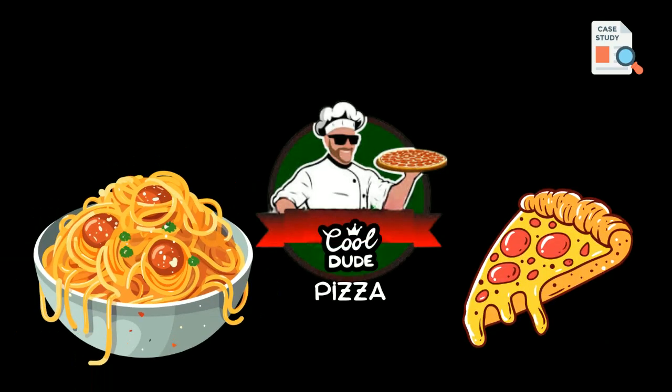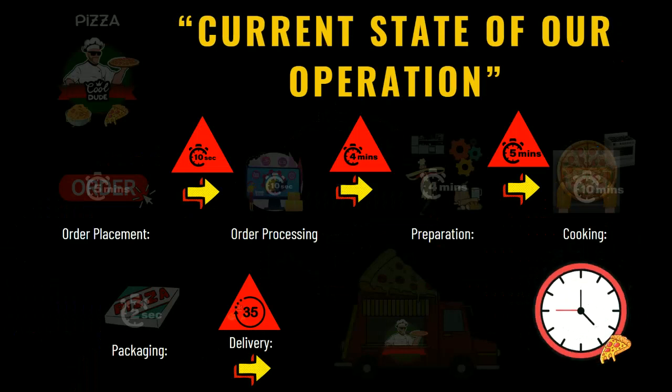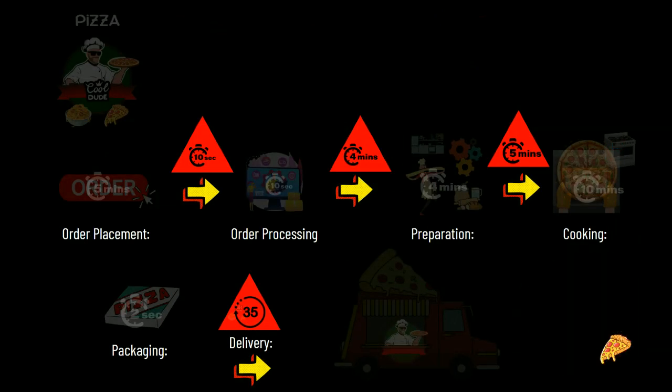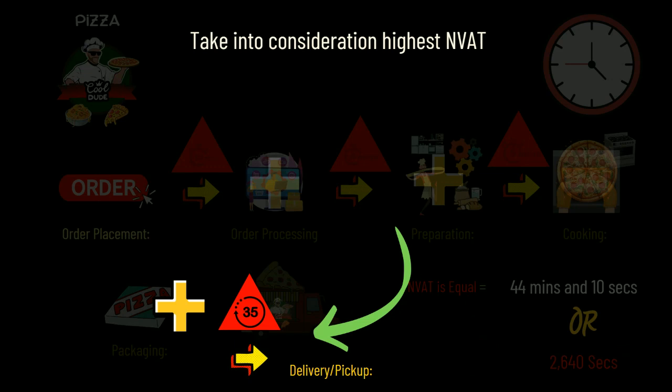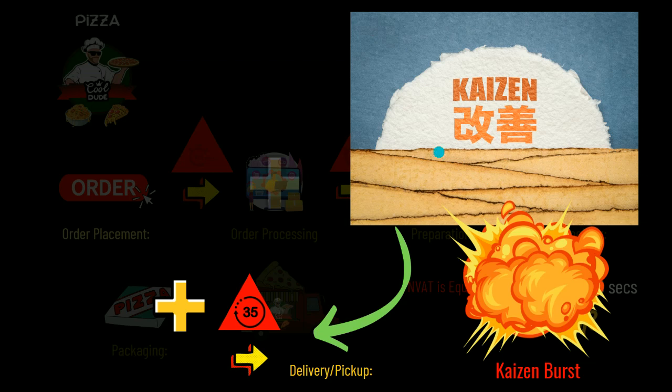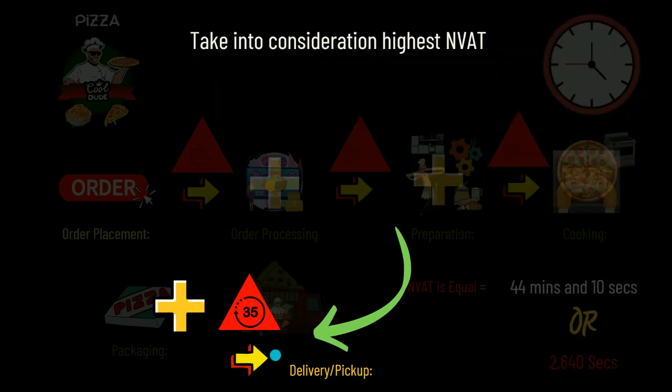Earlier on, we talked about Cool Dude Pizza, where we make pasta and pizza. We have our current state of our operation, and we want to take in consideration what our highest NVAT is. And then that becomes our focus point. Now, it doesn't have to be that particular area.